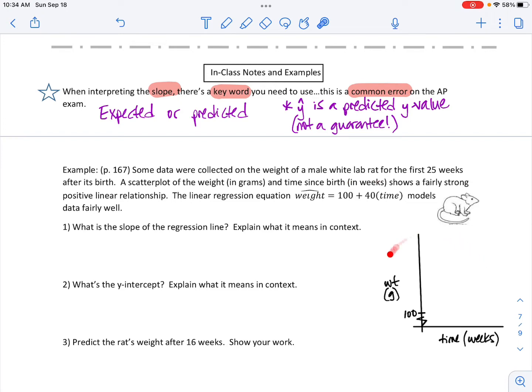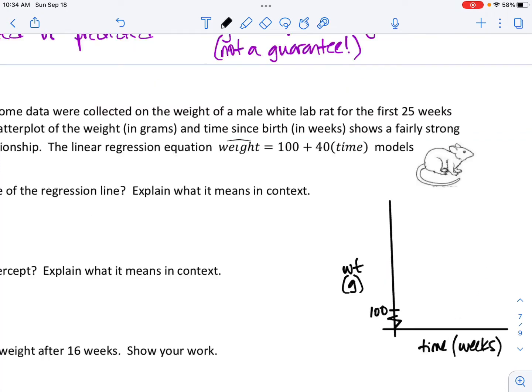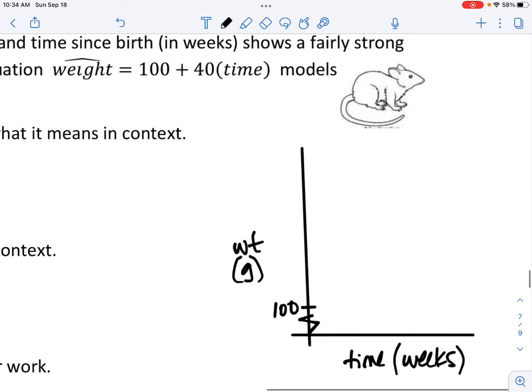Okay, so I have just a side note, that 100, which is our y-intercept, right here, would represent birth weight, I guess. And then it goes up like so. So we've got a slope of 40. It's a positive slope. I didn't label my X or my Y, but this gives us an idea.